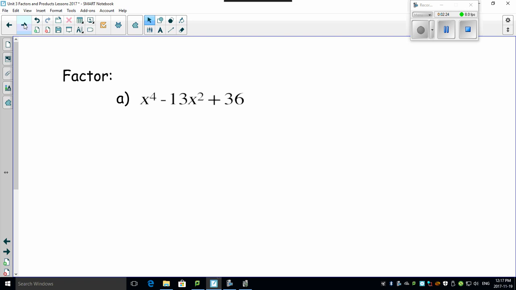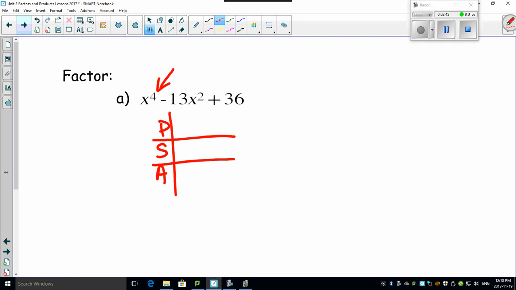So when we get to this next question, it's really quite interesting. Look at this. Again, remember, I told you, look for the x to the 4. There's your telltale sign telling you you're going to do more factorizations. Well, look at this. Can't GCF it, can't difference of squares it, so it's got to be a PSA 1. Okay, so here's our PSA 1 with 36 here and minus 13 here.